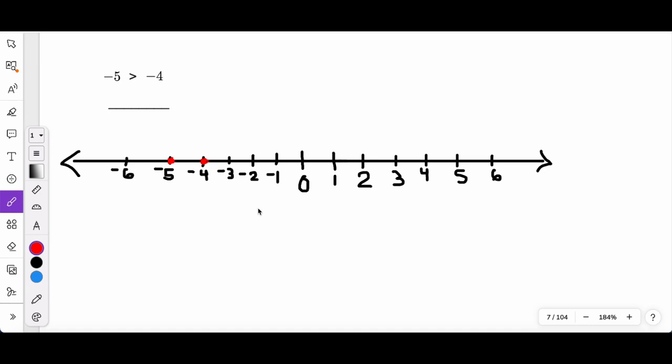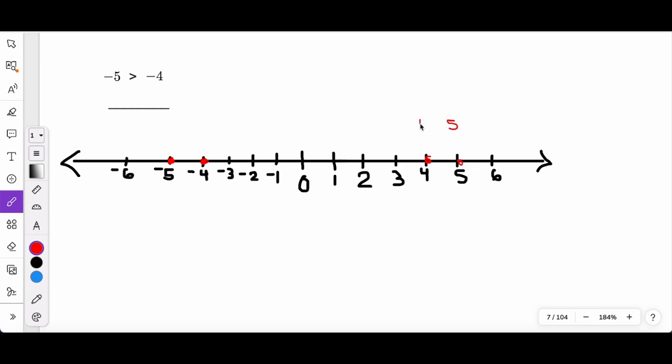So I see that 5 looks greater than 4, but we see this negative sign right there, and the negative sign makes it opposite. It's not a positive number. If we plot using the positive side, 5 is greater than 4.